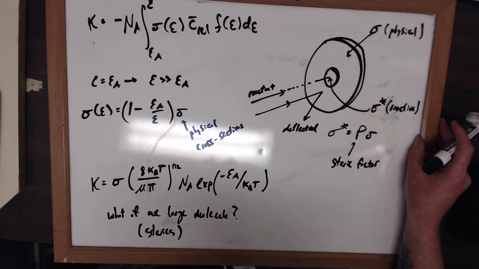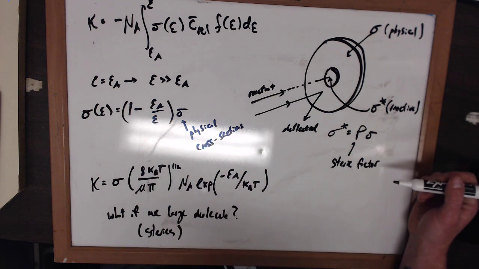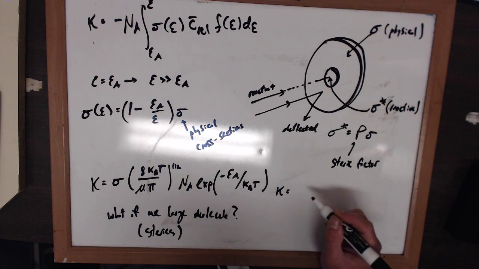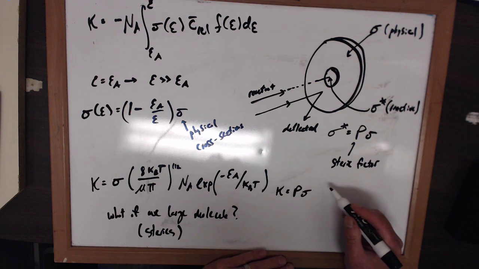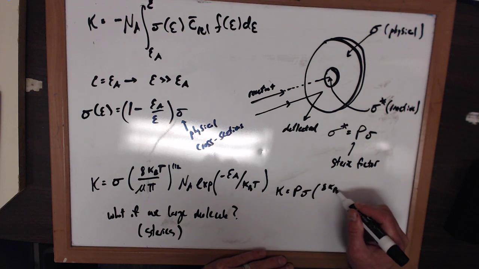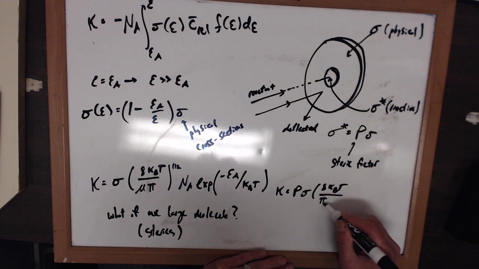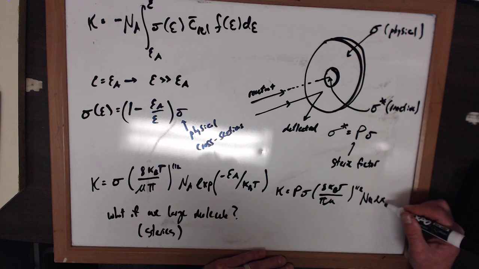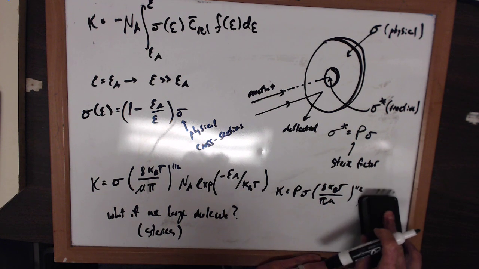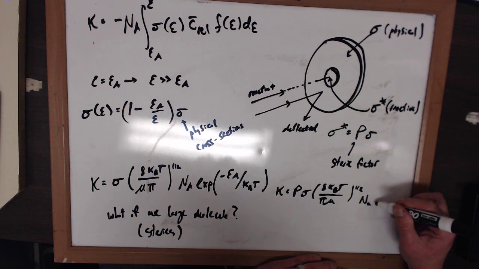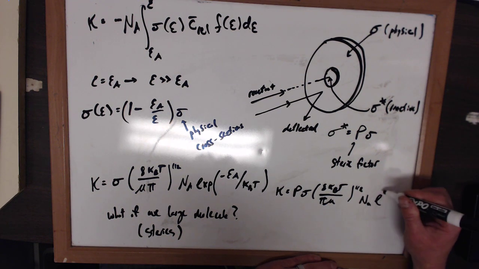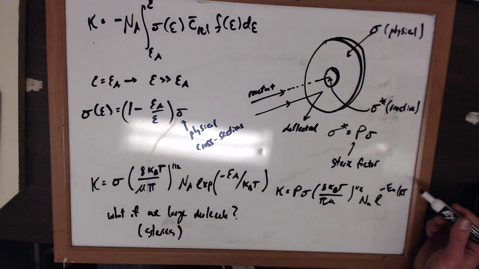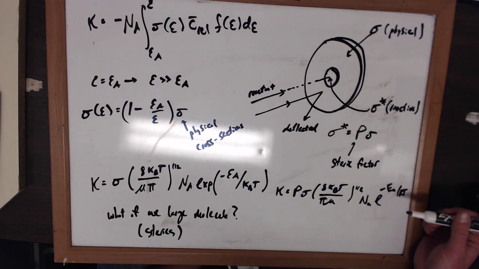With that in mind, we can rewrite our expression for k. That's now P times sigma times 8 kBT over pi mu to the 1/2, times Avogadro's number, times the exponential. Let me rewrite that: NA times e raised to the negative EA over RT or kBT, depending on what units you have EA in.